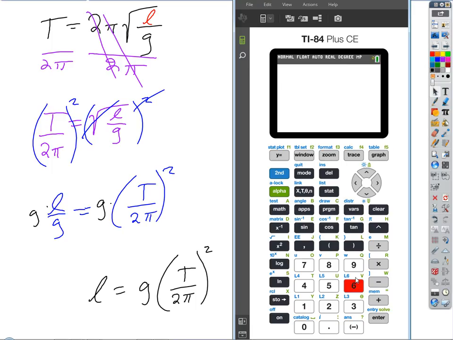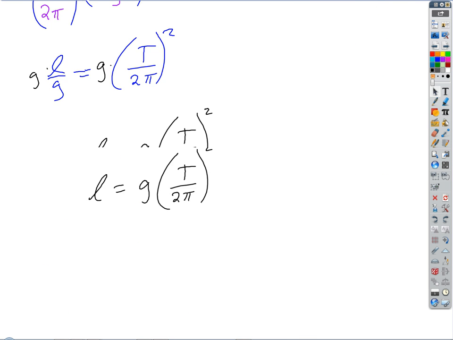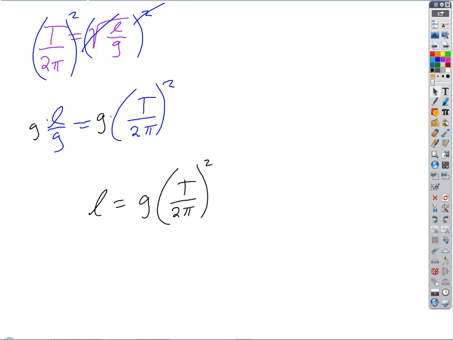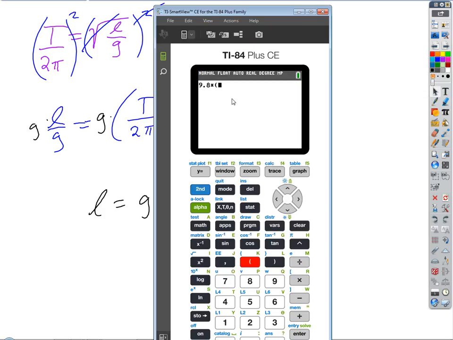We've got 9.8 times the quantity... What was the period? 0.765, divided by 2 pi.